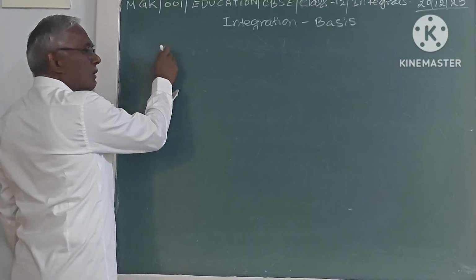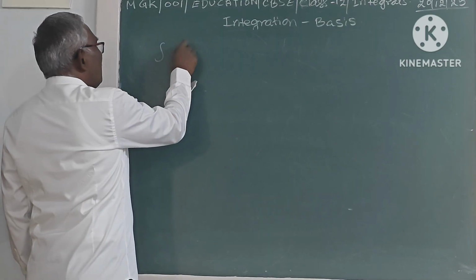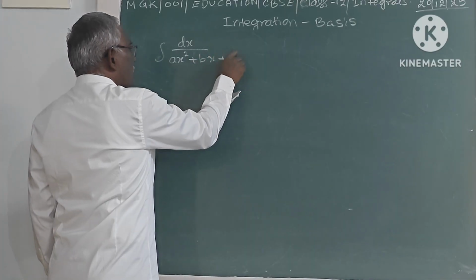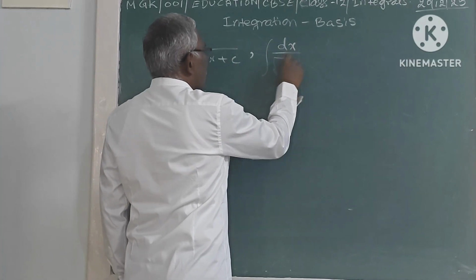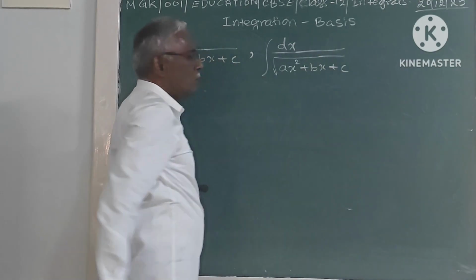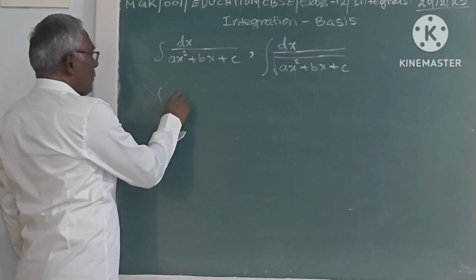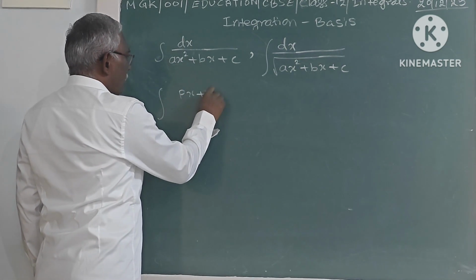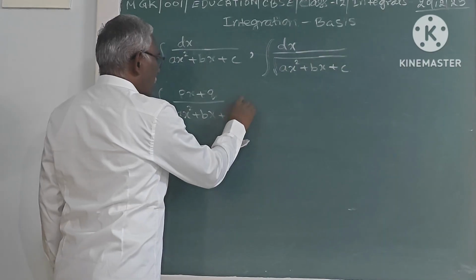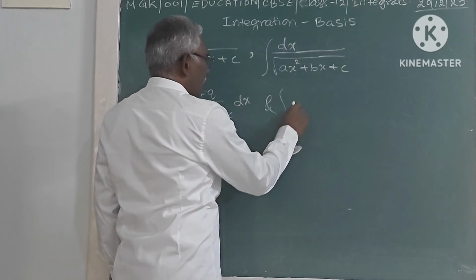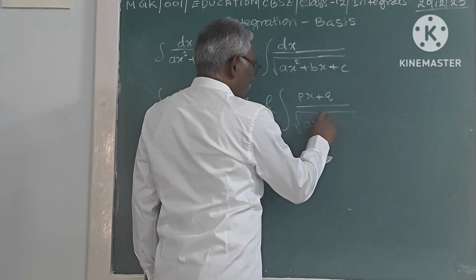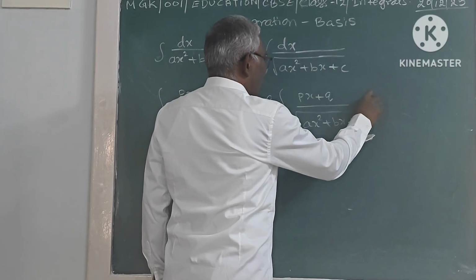Now let us see integrals of this type. Integral of dx by ax square plus bx plus c, integral px plus q by ax square plus bx plus c dx, and integral px plus q by square root of ax square plus bx plus c dx.